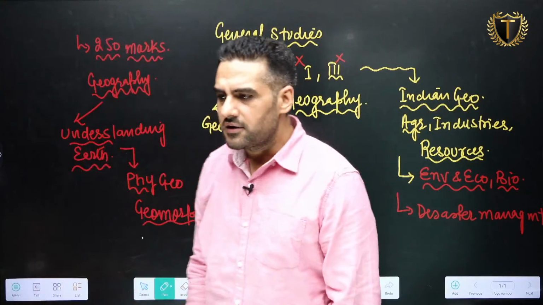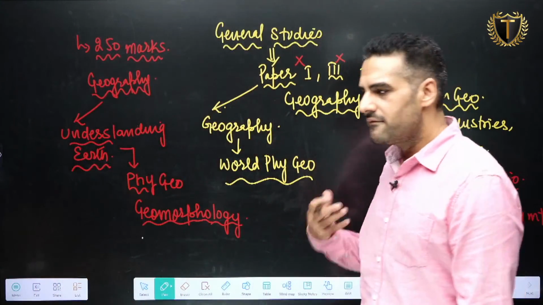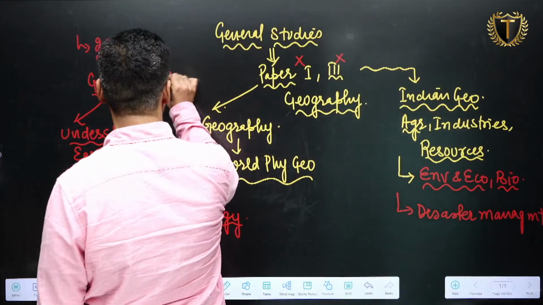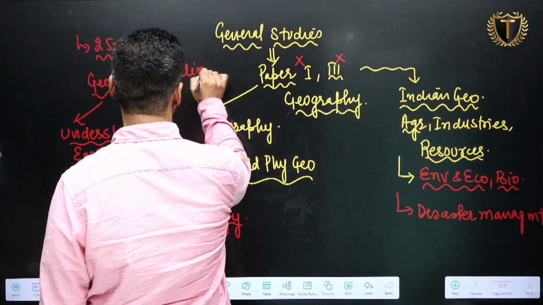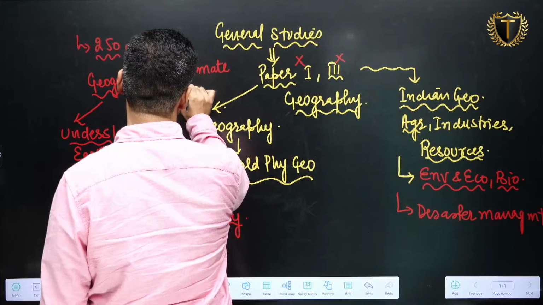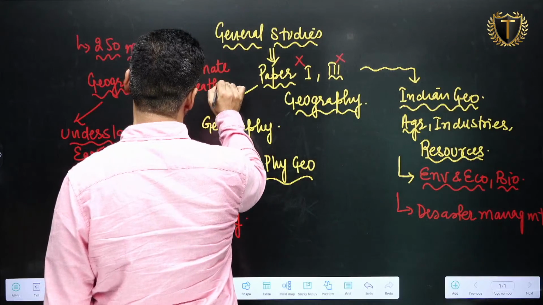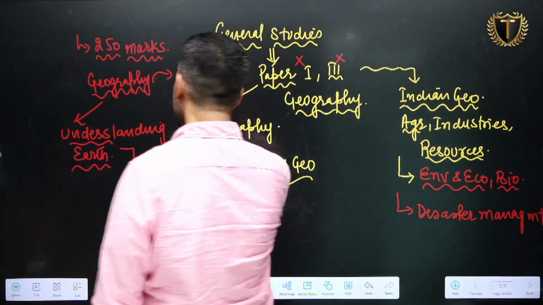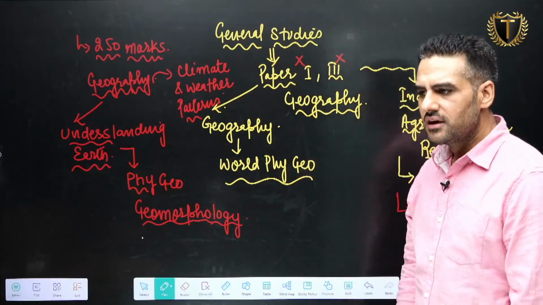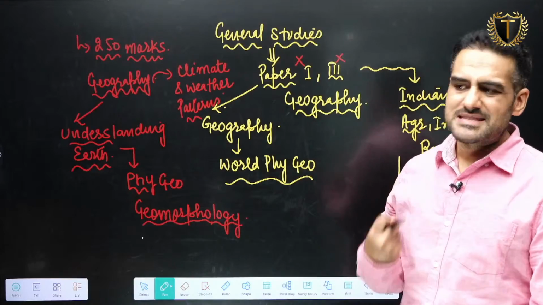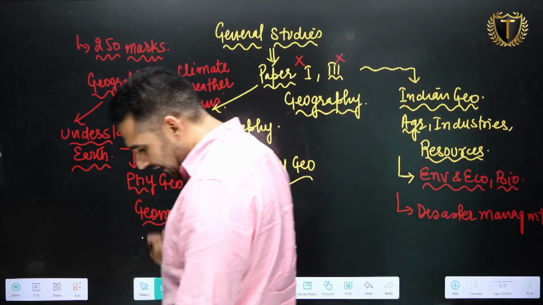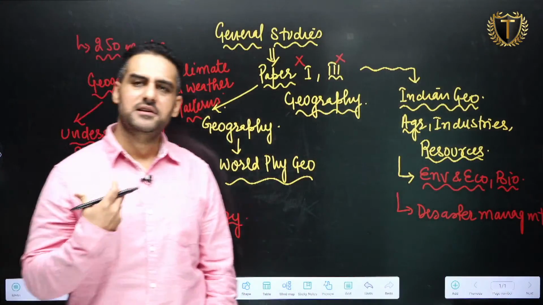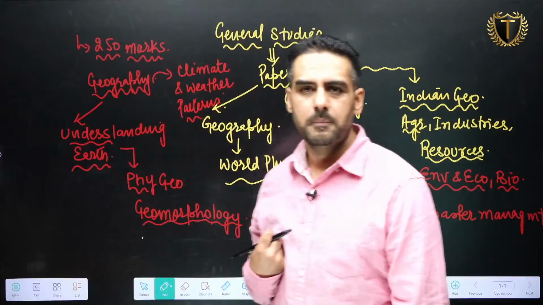Another part is climate and weather patterns. Geography helps us in understanding climate and weather patterns. Geography provides insight into weather patterns, climate systems and the factors influencing them.